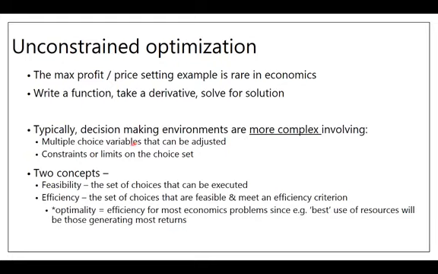So typically we'll think about multiple choice variables that can be moved, and they may impact one another as they're adjusted, and then constraints or limits on the choice set. If we were going to think about these as the core concepts, the first would be feasibility. This is a word that'll come up potentially in your reading. It's basically the choices that can actually be executed.